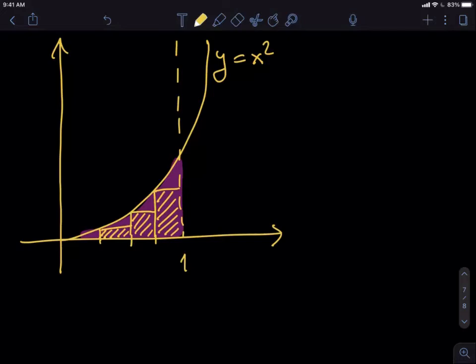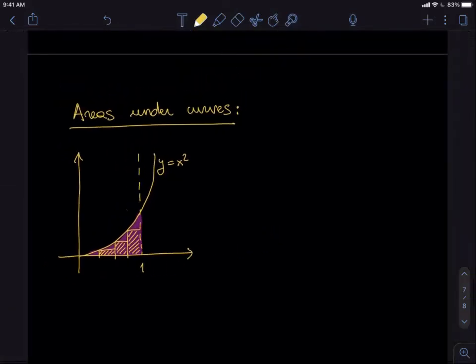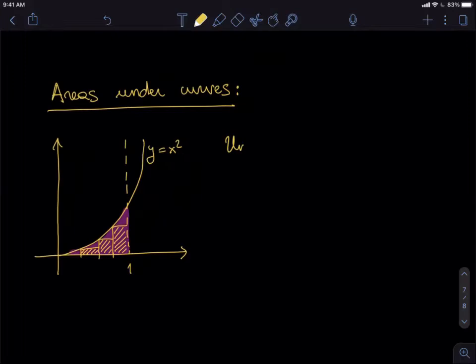Okay, and even though we are underestimating the area we want to find, it's still something, right? So how do we do this estimate?